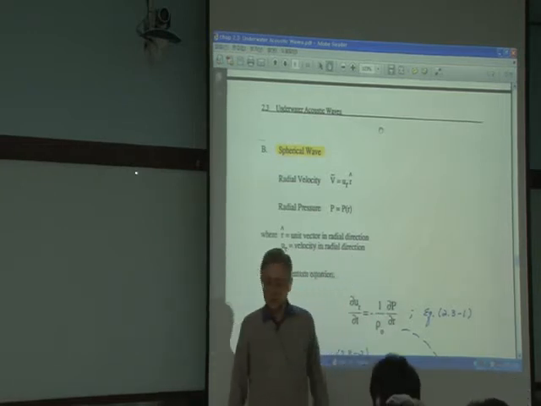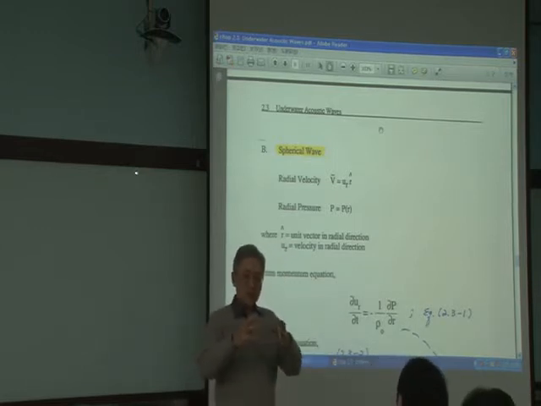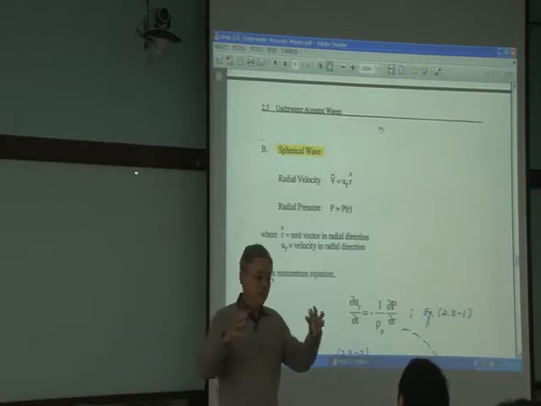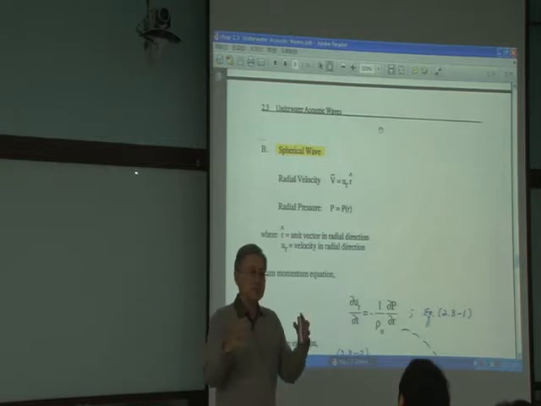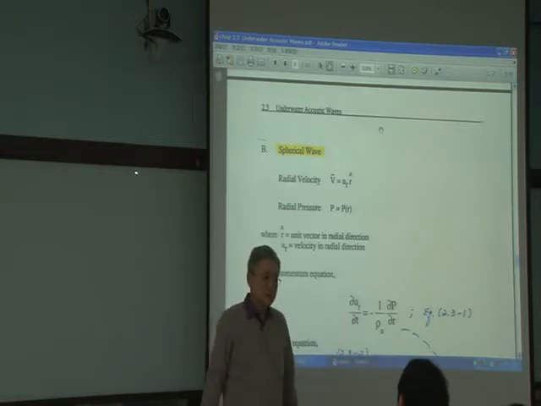But for the spherical wave, as the wave propagates, the surface area is expanding. The energy inside the sphere is constant, but as it propagates, the area is getting larger, right?